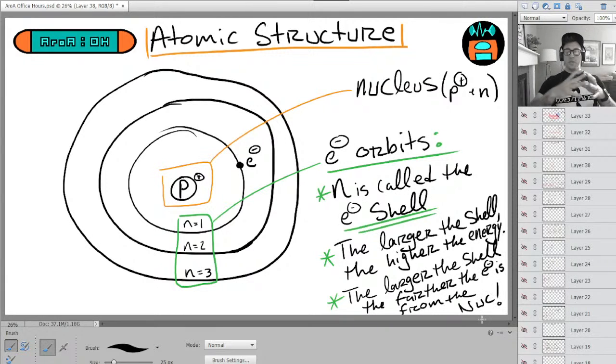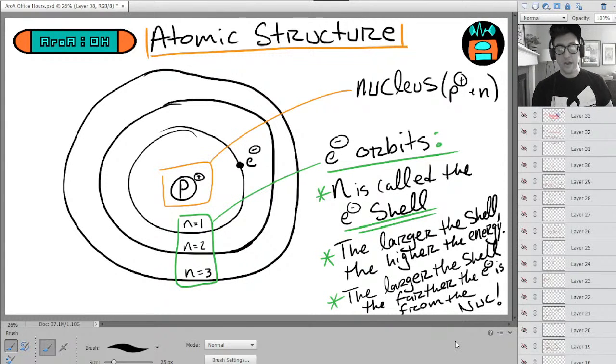So with increased shell comes increased energy and increased distance from the nucleus. Think about why. Electrons are negatively charged, protons are positively charged, and those opposite charges attract. They want to get as close to each other as possible. So if you move your electron further from the nucleus, you have to pull them apart. That takes energy.